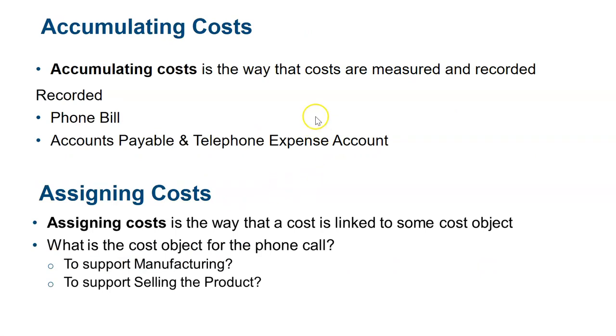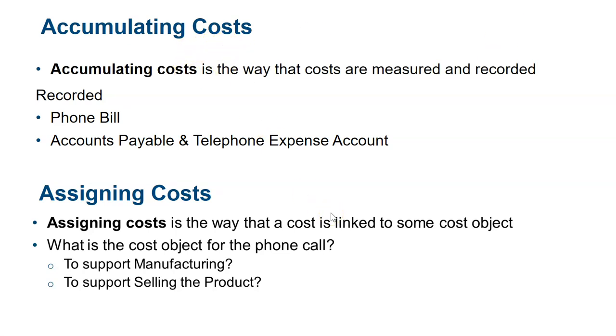When it comes to cost, we have two things that we need to do. We're going to accumulate costs and we're going to assign costs. And accumulating costs is by far the easier of the two. It says that accumulating costs is the way that costs are measured and recorded. So we generally have a pretty good idea of identifying, okay, this is a cost, because we are going to ultimately sacrifice cash for that cost.